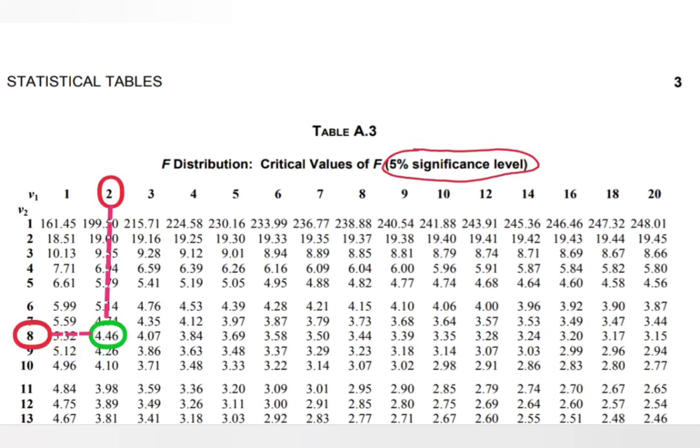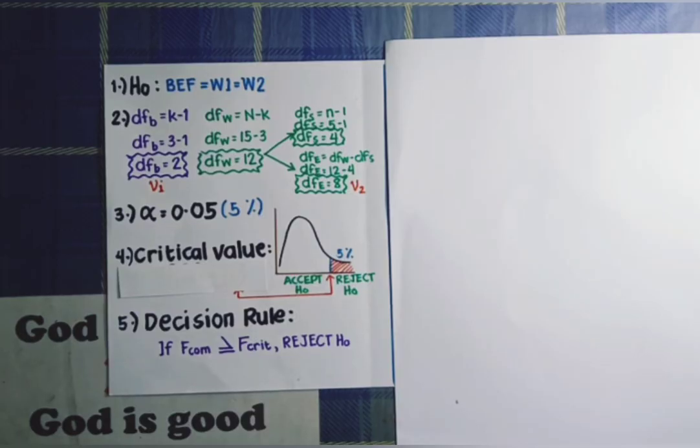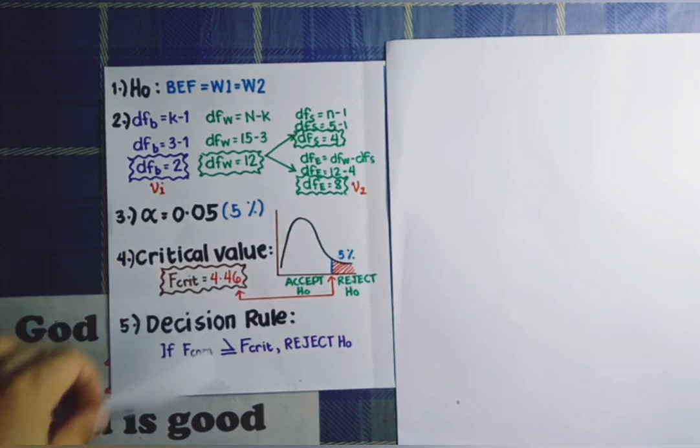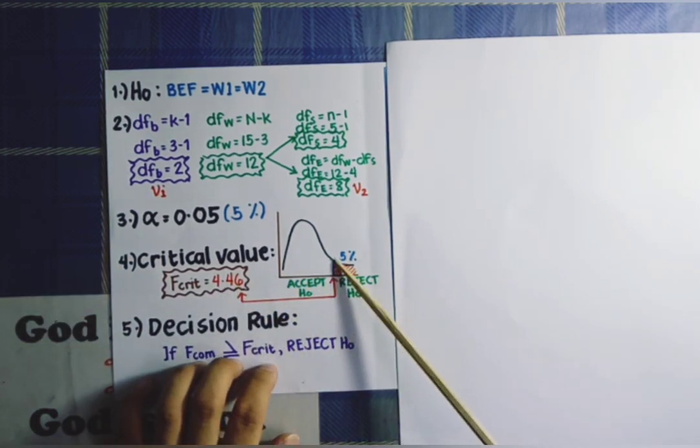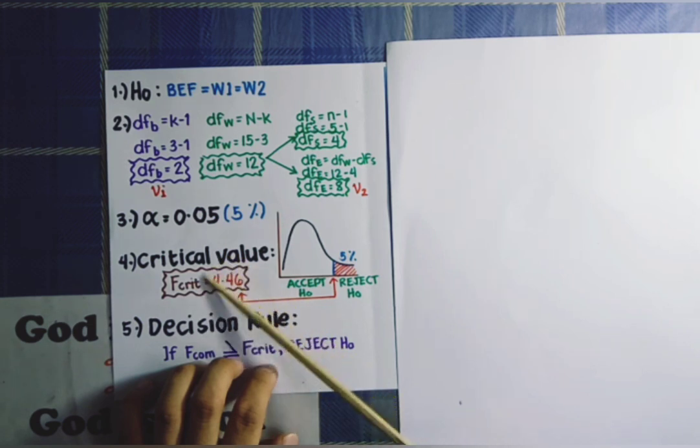By intersecting the value under 2 as the degrees of freedom between the group or V sub 1 and 8 as the degrees of freedom for error or V sub 2, then we can say that our critical value for F or F crit is 4.46. Now, after looking at the F distribution table, we now know that our critical value for F is 4.46. And therefore, this line here is equivalent to 4.46.